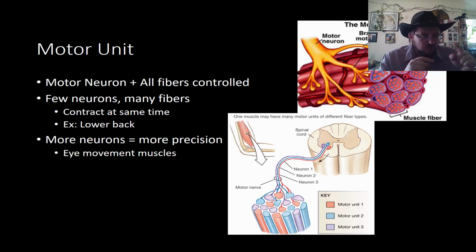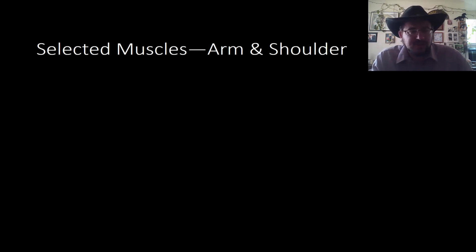But if you have one neuron controlling 2 fibers, then you can contract 2 fibers at a time and get lesser amounts of contraction, right? With that one neuron, 10 fibers contract, boom, whole thing contracts. One neuron, 2 fibers. So, one neuron and 2 fibers is a motor unit. The more motor units you have in a muscle, the more precise that muscle is. Hopefully that made sense. We're getting close to done.